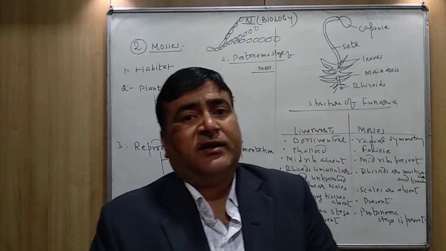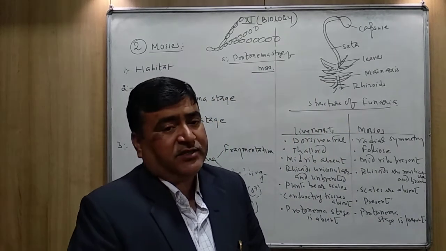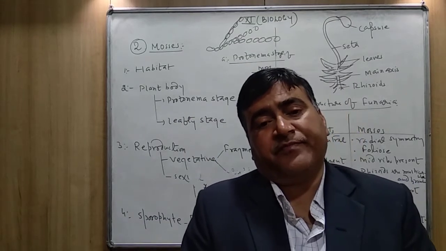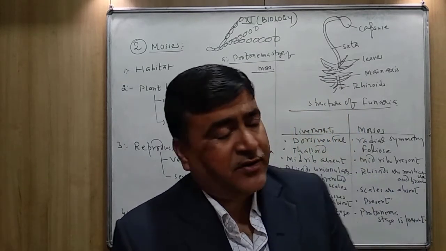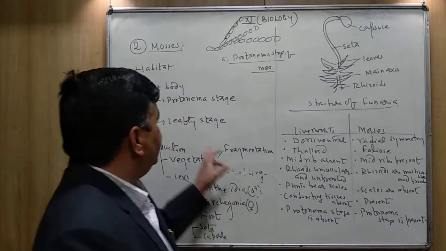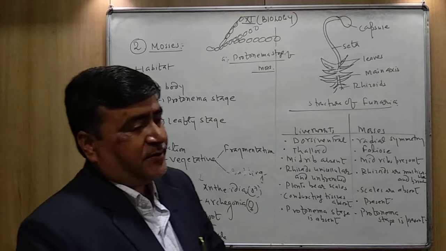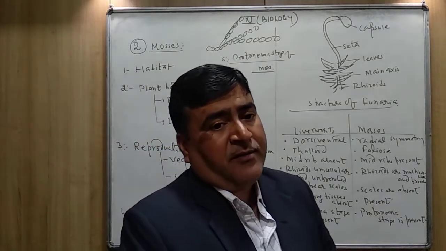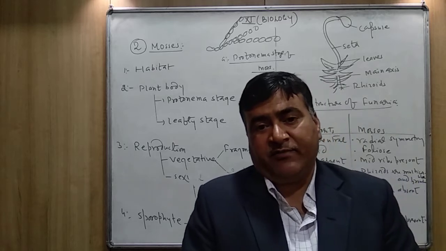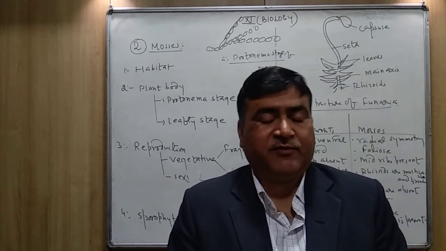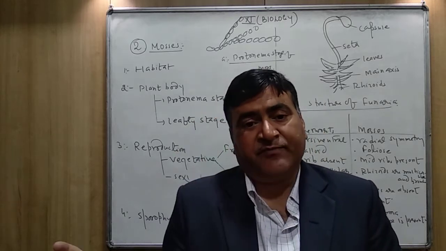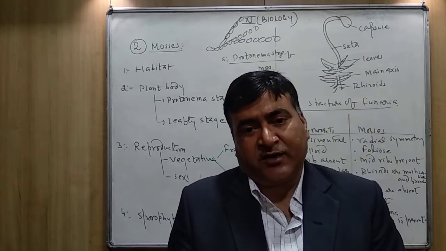So the moss plant has two stages in its life cycle: the first one is the protonema stage and the second one is the leafy stage. Earlier we discussed all kinds of bryophytes, whether Marchantia, Pellia, Porella, Anthoceros, Sphagnum, whether liverworts or mosses.